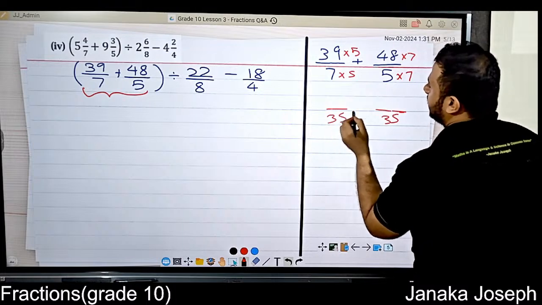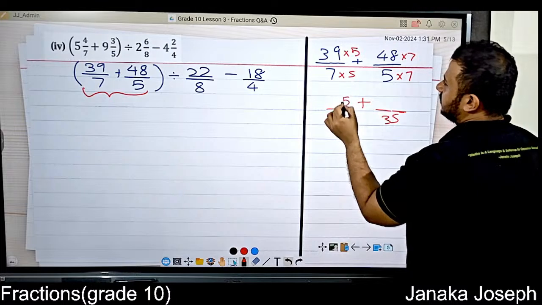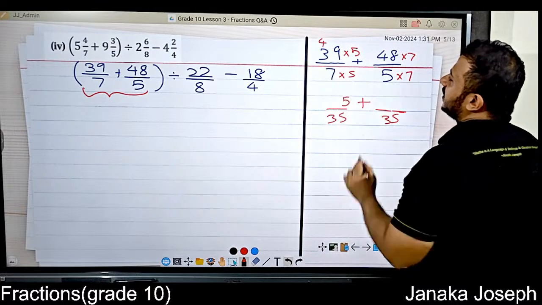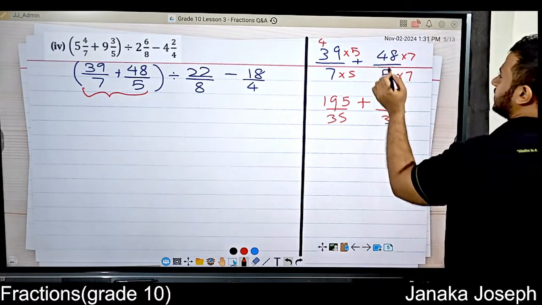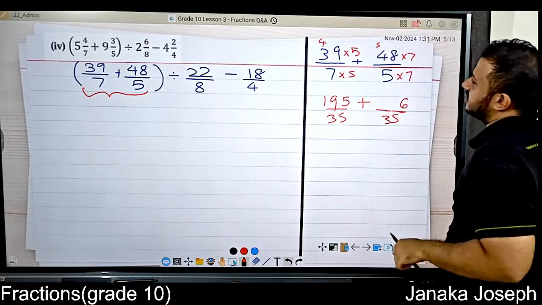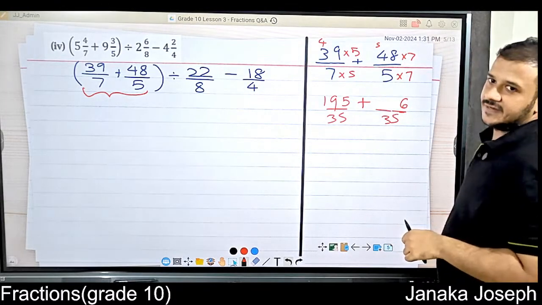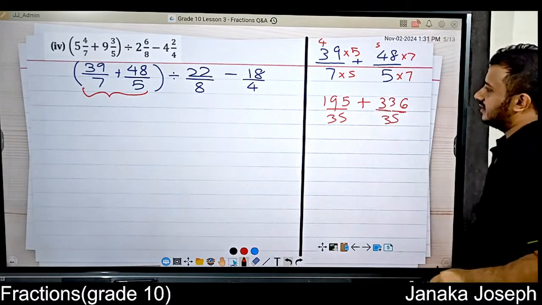35 plus 5 times 9 is 45. 4 comes to the neighbor. 5 times 3 is 15 with a 4, 19. 7 times 8 is 56. 5 goes to the neighbor. 7 times 4 is 28. 28 with a 5, 33.